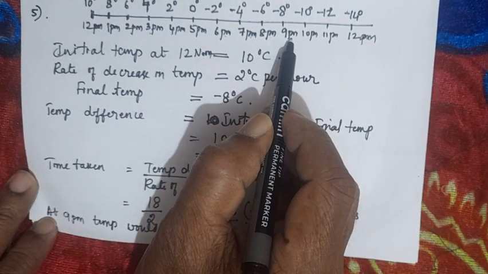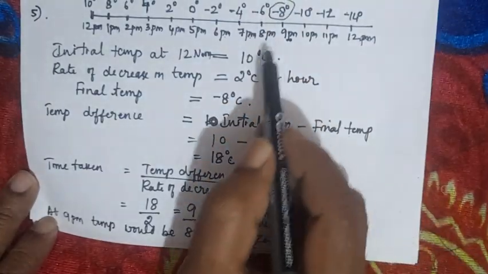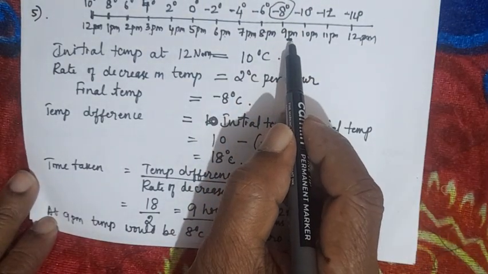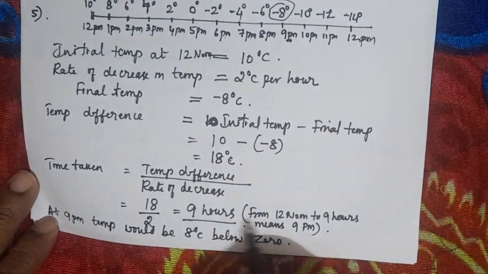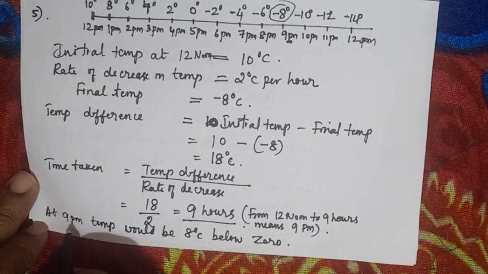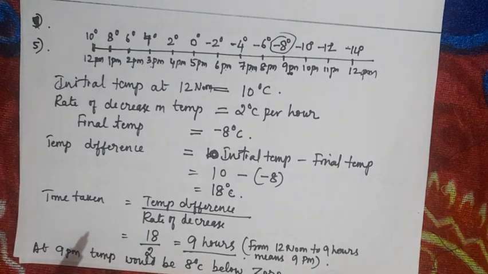After 9 hours, the temperature becomes minus 8. That is, at 9 p.m., the temperature would be 8 degrees below 0. That is the answer for the first question.